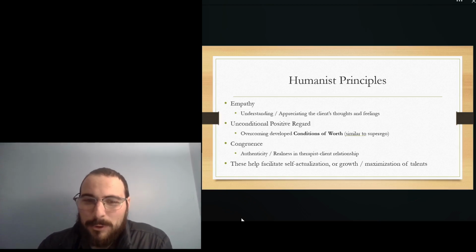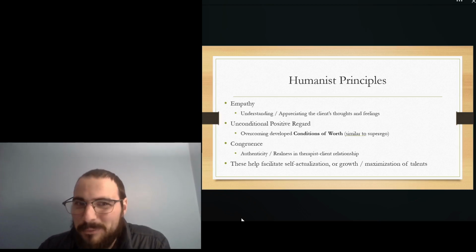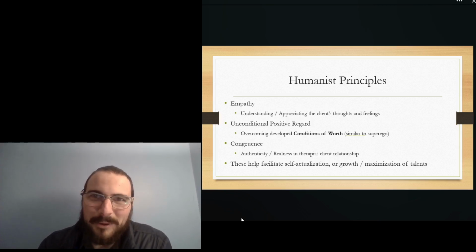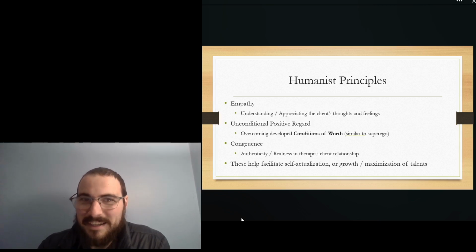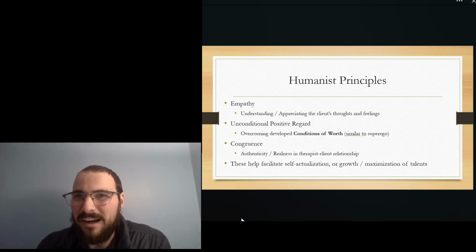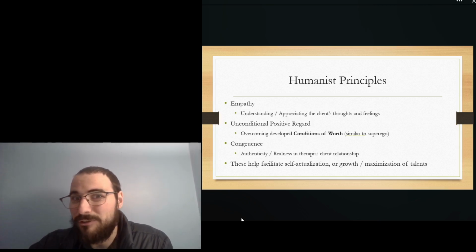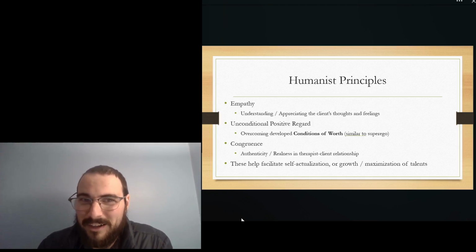Lastly, congruence, which is basically the idea of having an authentic and real relationship between the therapist and the client. Not to say that means you become best friends outside of the therapy room or whatever it may be, but just the idea that as the therapist, you are very genuinely yourself in the therapy session, not putting on some front or facade, or also not completely minimizing any aspect of yourself and just fully reflecting what the client says without any input of your own.